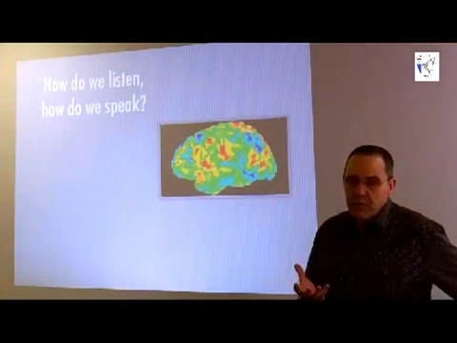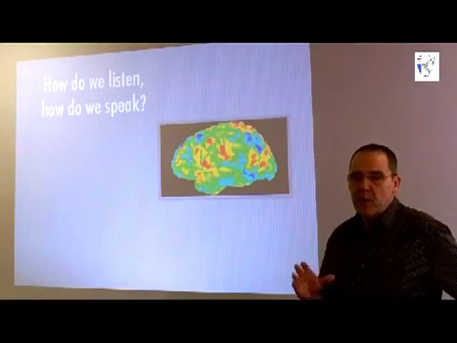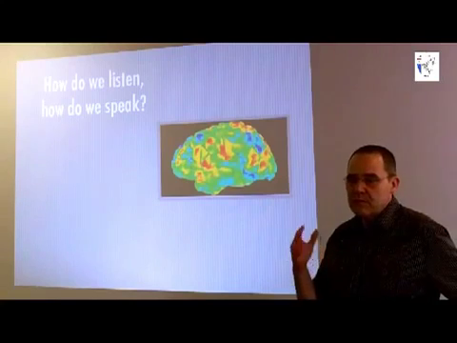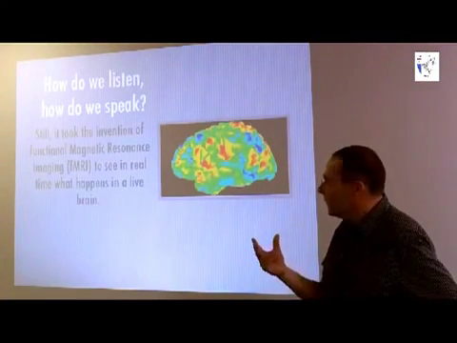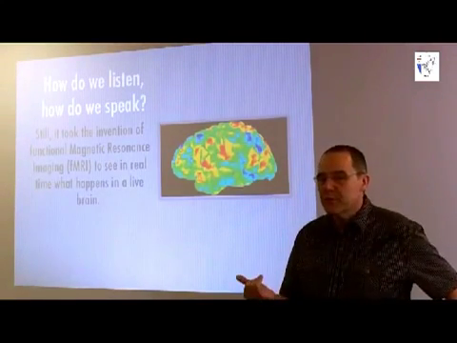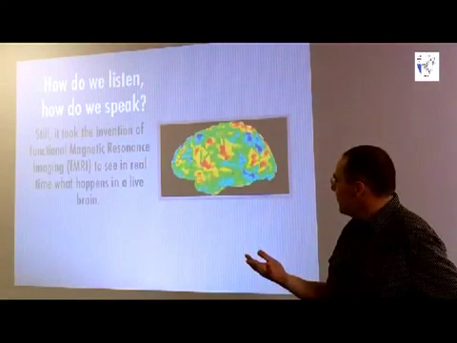A few years ago appeared a new technology called functional MRI, which is a way to see what happens in a live brain. For a very long time, the only way we would see the brain was to cut it open. You don't want to cut a brain open. So now we can see what happens.